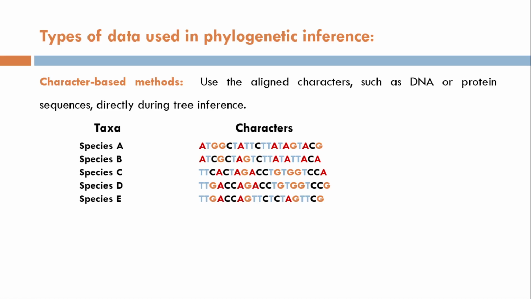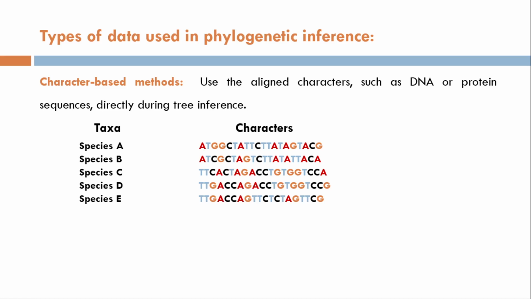Say for example, here I have 5 species A, B, C, D, and E. In the character based method, first we go for the multiple sequence alignment among the sequences. Whenever you have to perform the phylogenetic analysis, the first step should be the multiple sequence alignment.